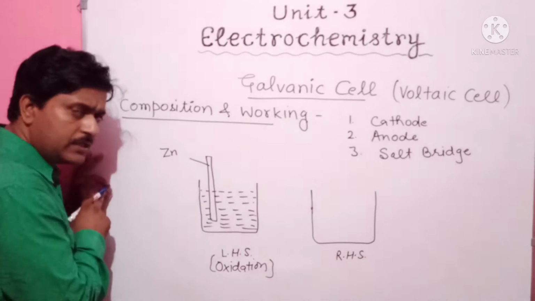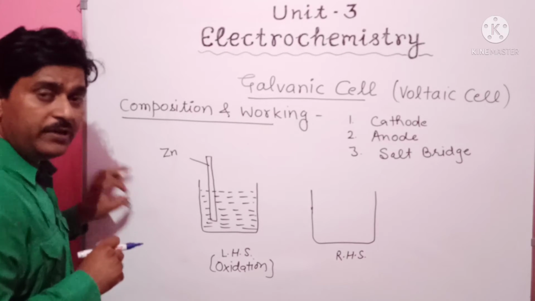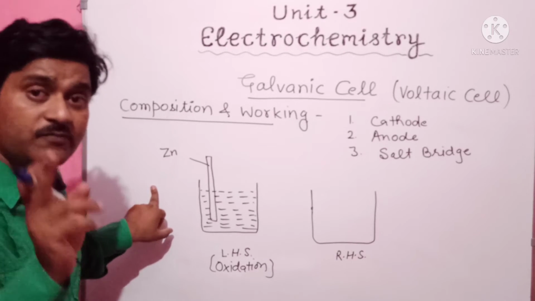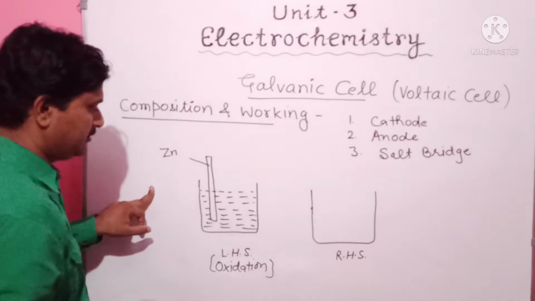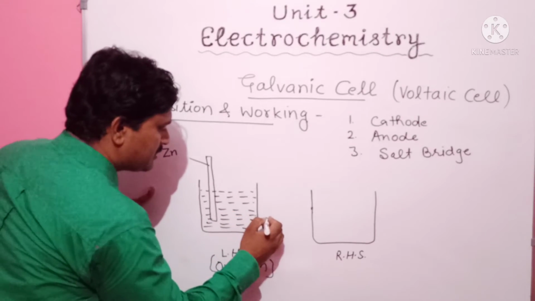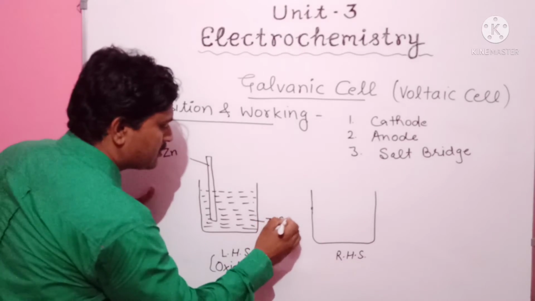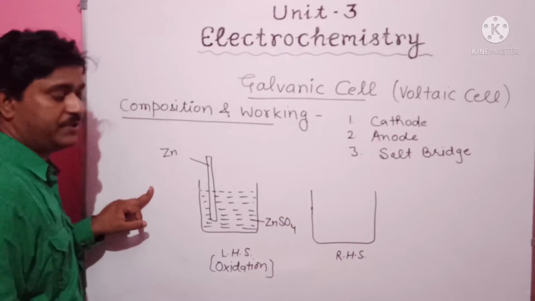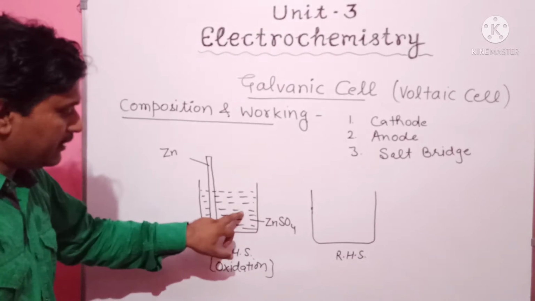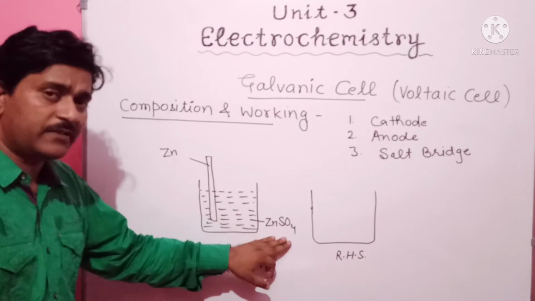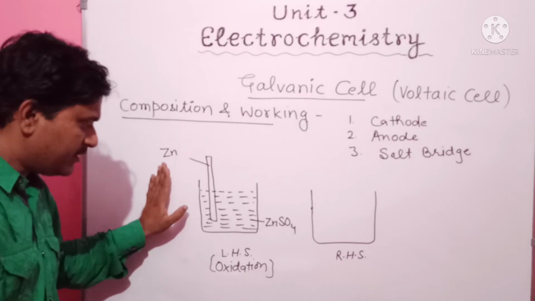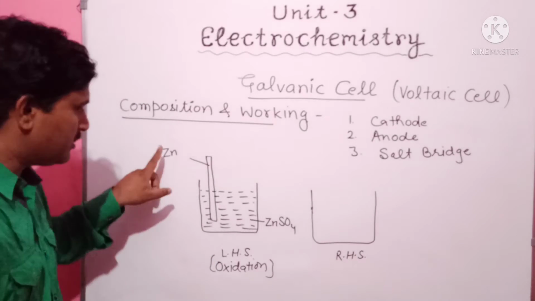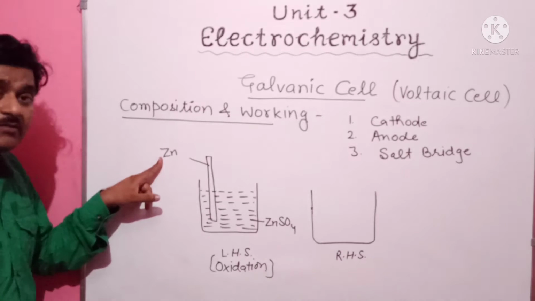Here we took zinc, so now we have to take the salt of zinc, that is zinc sulfate, ZnSO4. The container is filled with zinc sulfate and the zinc rod is dipped in it. It is always taken towards the left hand side.